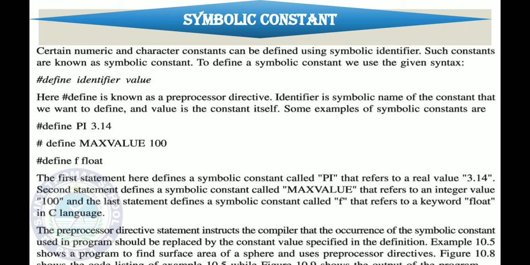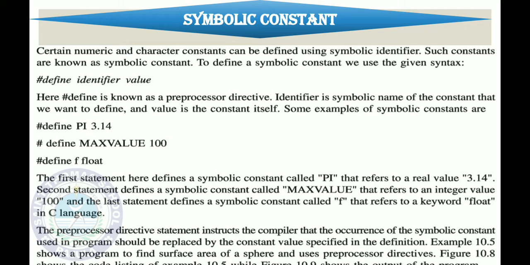So here hash define is known as a preprocessor directive. So remember, hash define is known as a preprocessor directive. Identifier is the symbolic name of the constant that we want to define, and the value is the constant itself.